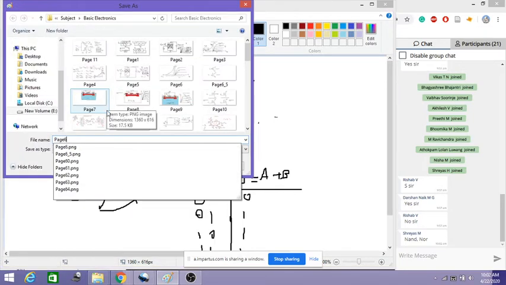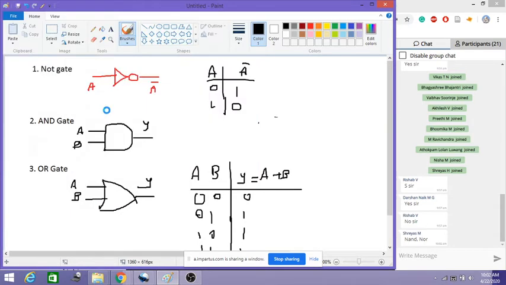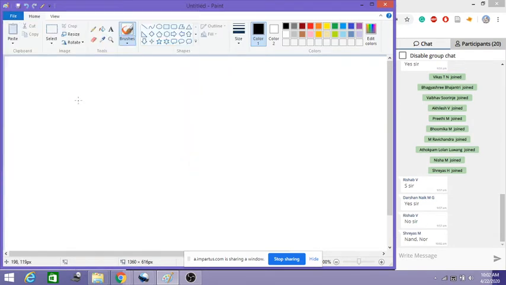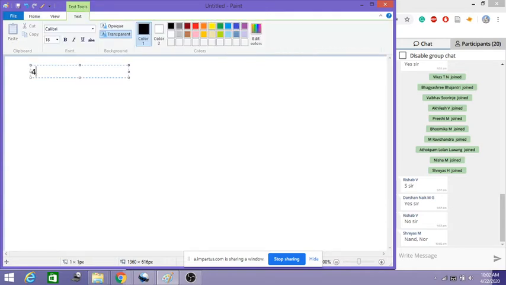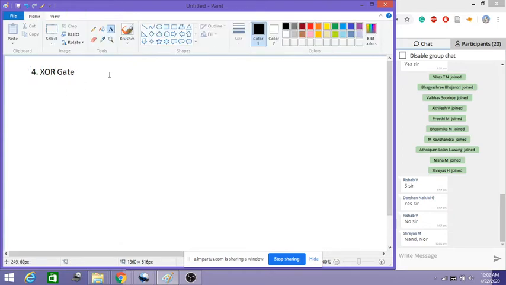So this is page 65. Now let me write the derived gates. The first one is the XOR gate. Its symbolic representation looks like this, basically the complement of the OR gate, like this.